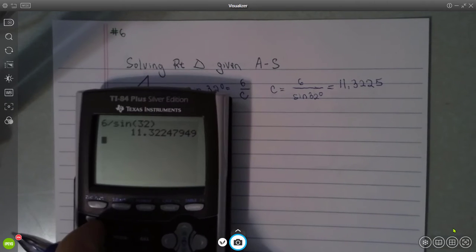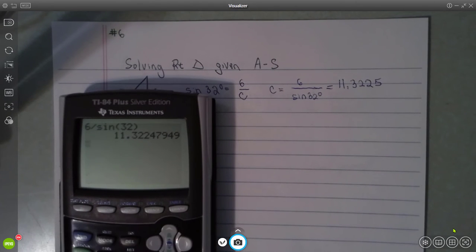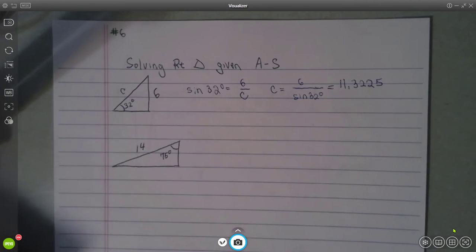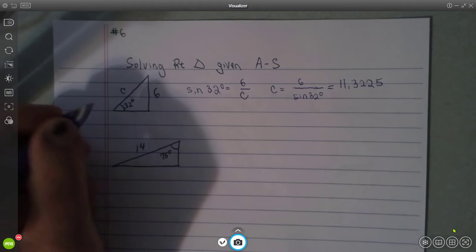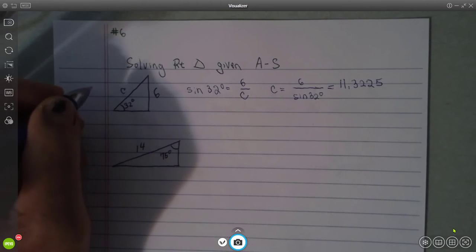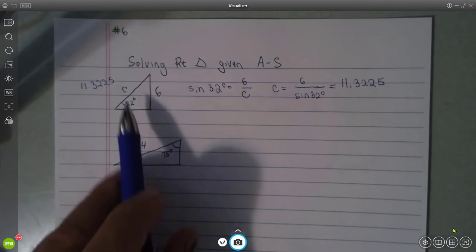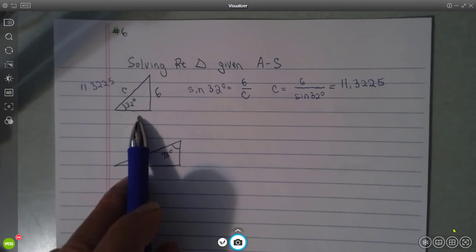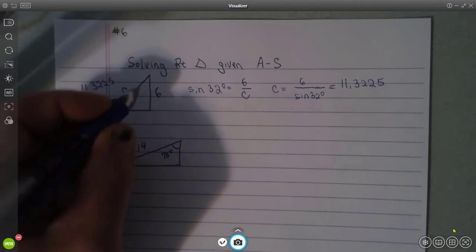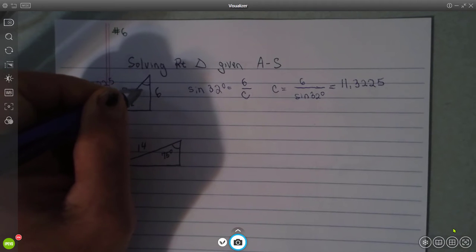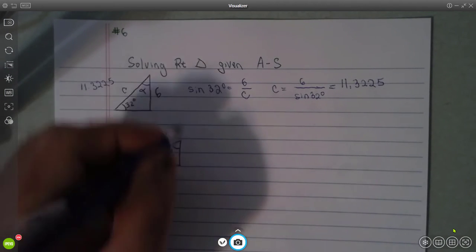If we round that calculator value, we have the missing side C is 11.3225. All right, now we know two of the three sides, and we are missing one angle and one side. The missing angle can be computed very easily. Let's call that alpha.